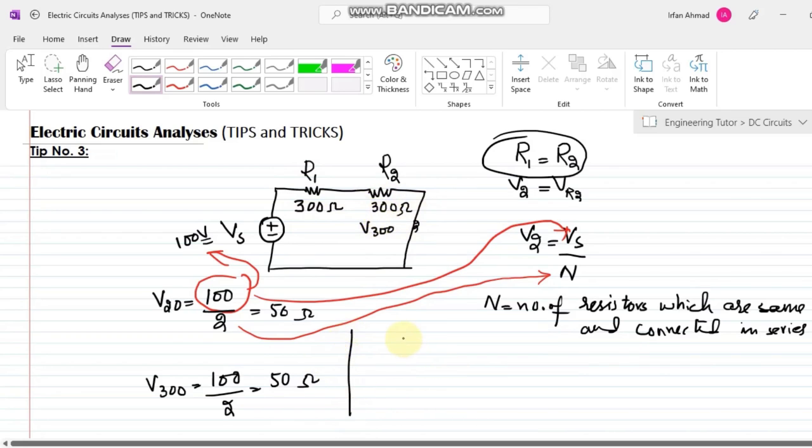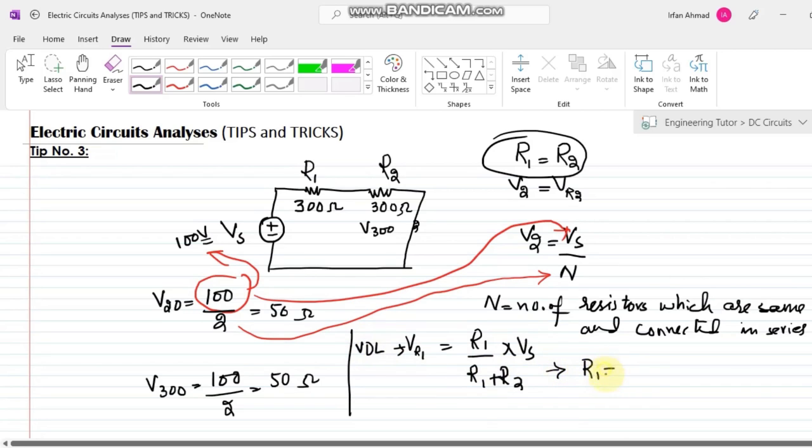In order to prove it, let me have R1 divided by R1 plus R2 multiplied by Vs, and this is due to the voltage divider law. So what will happen here?